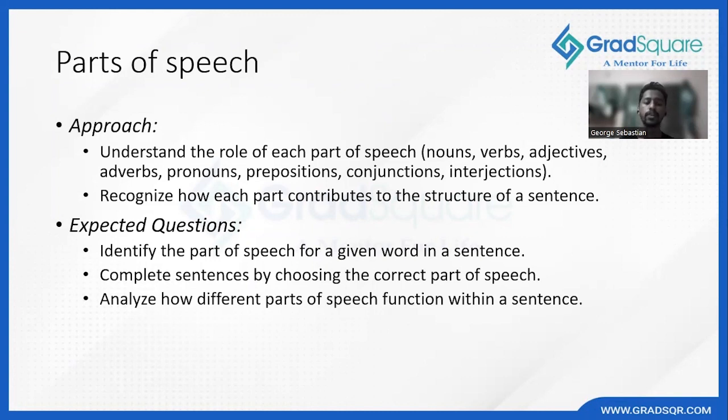Also, if we understand the function of these parts of speech in a sentence, this is more than enough. What kind of questions can we expect from parts of speech? We can expect questions such as fill in the blanks, completing the sentence, and sometimes error spotting. So these are the questions that we can expect from parts of speech.